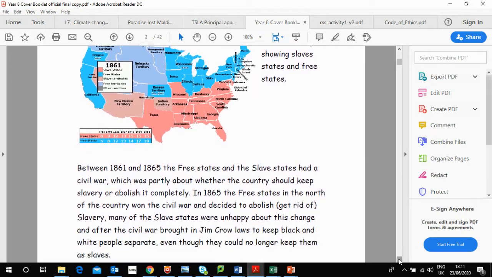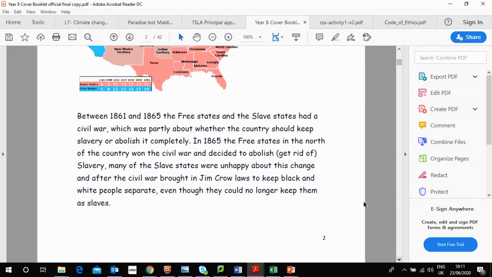Between 1861 and 1865, the blue states on there and the pink states on there on this map here had a civil war. Okay, so the Civil War was a fight between the northern states and the southern states to decide whether slavery should be kept or it should be abolished completely.